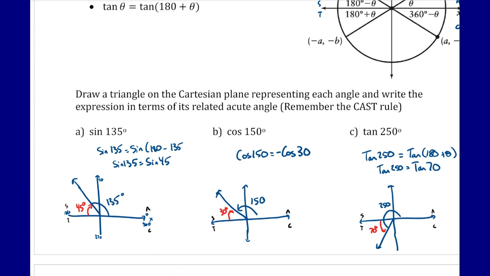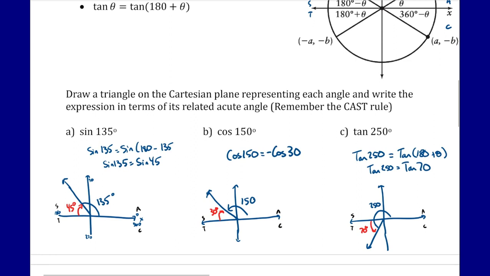So if you're just finding that related acute angle, almost like a reference angle, so to speak, that helps us. So I would have the same thing if I did tan of 70 here. Those would give me the same value. But in this case, we're just trying to find the acute angles.